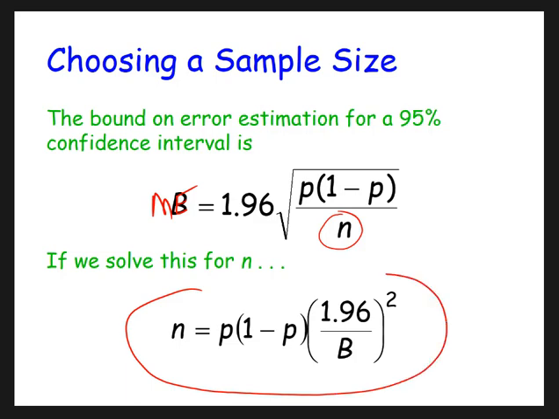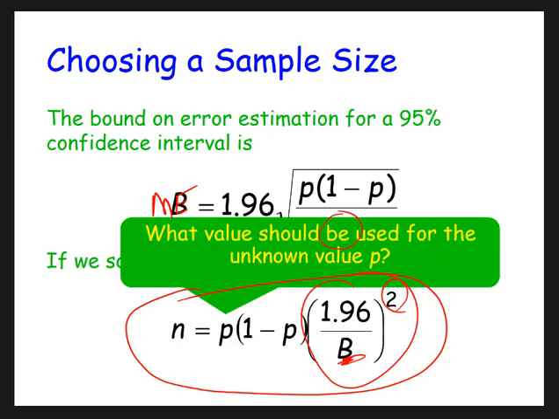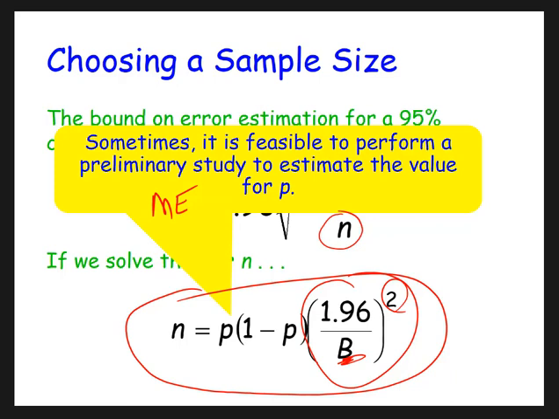We come up with the formula that N equals P times 1 minus P times, remember the 1.96 is just Z critical, over our margin of error, and that portion is squared. That'll give us our minimum sample size to achieve that small of a margin of error. We always round this calculation up because that would be the smallest sample size. Rounding down would be going below the minimum.